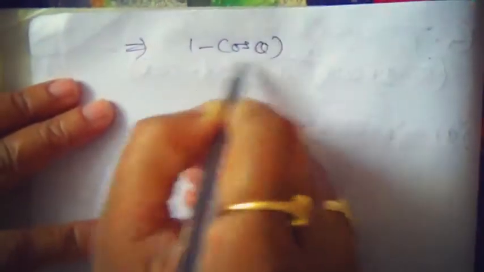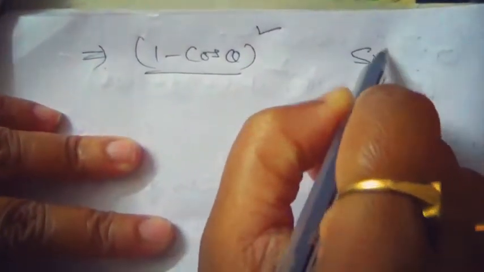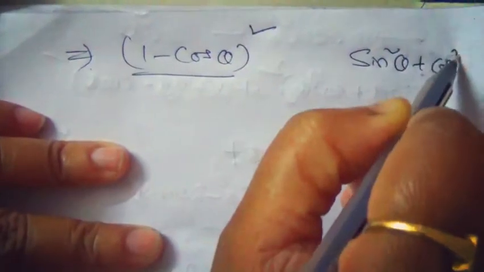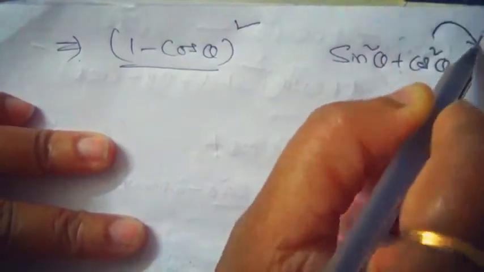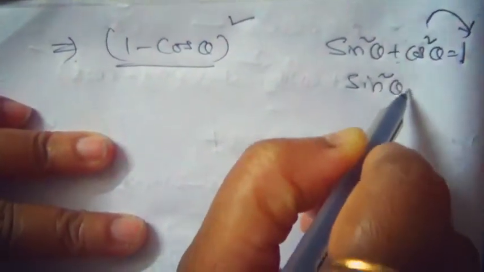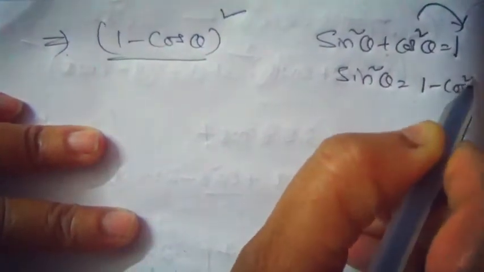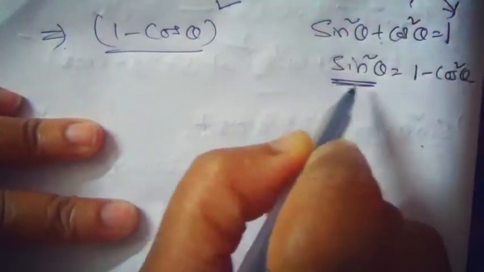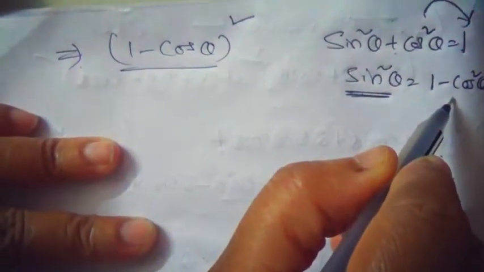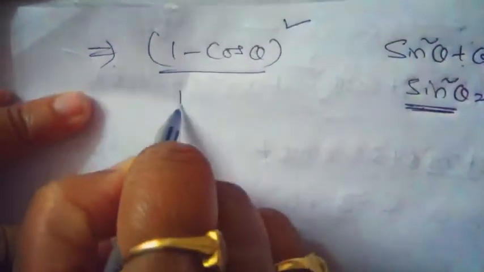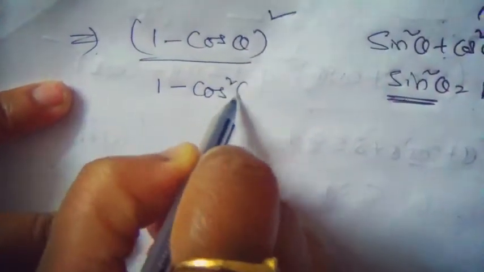That implies 1 minus cos theta whole square by, so we have one identity, that is sin square theta plus cos square theta is equal to 1. So sin square theta is equal to 1 minus cos square theta. In the place of sin square theta I am writing 1 minus cos square theta.